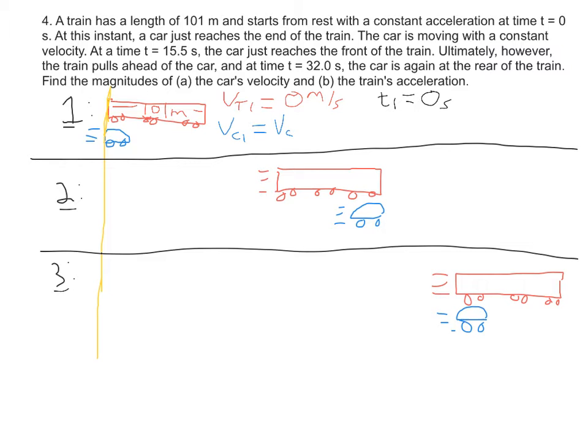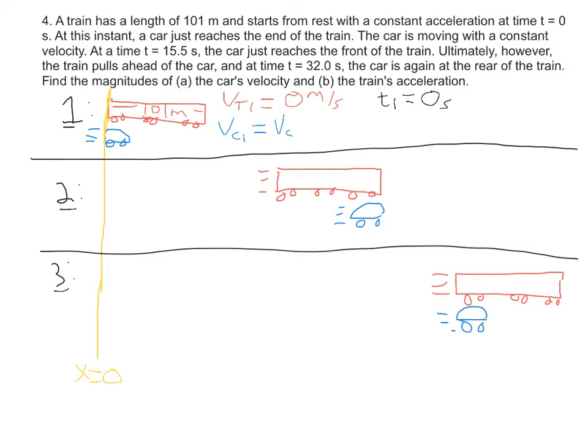We're going to just call our initial situation 0 seconds. Now, we're also going to define the starting location of the back of the train and the back of the car as being x equals 0. Sounds good. Now, let's look at position 2.